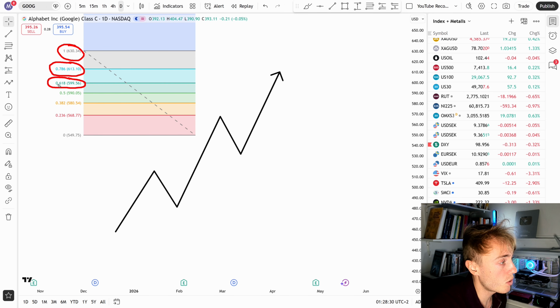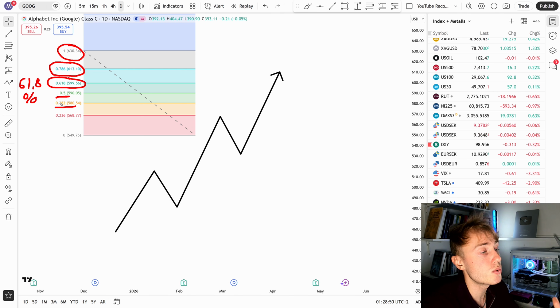So for example, 0.618 basically means 61.8% right here. And for example, 0.5 means 50%, 0.382 means 38.2%, and so on and so on. And these are percentages we use here to calculate the pullback.